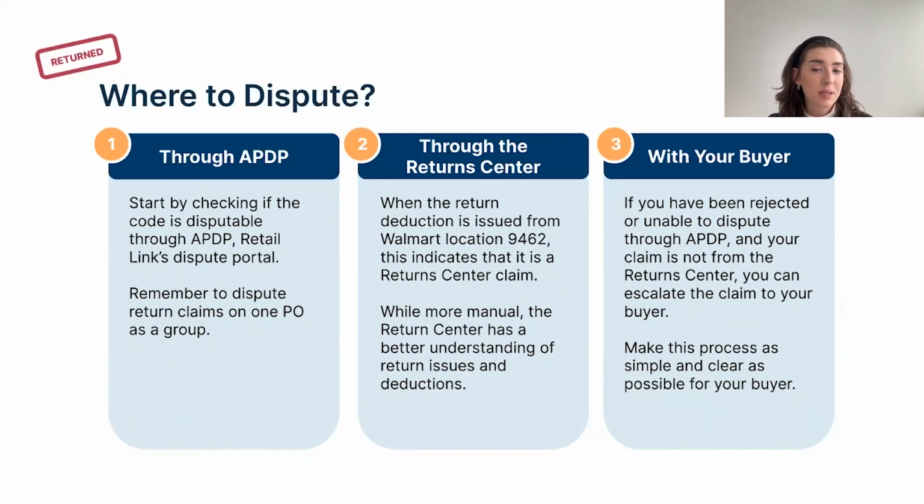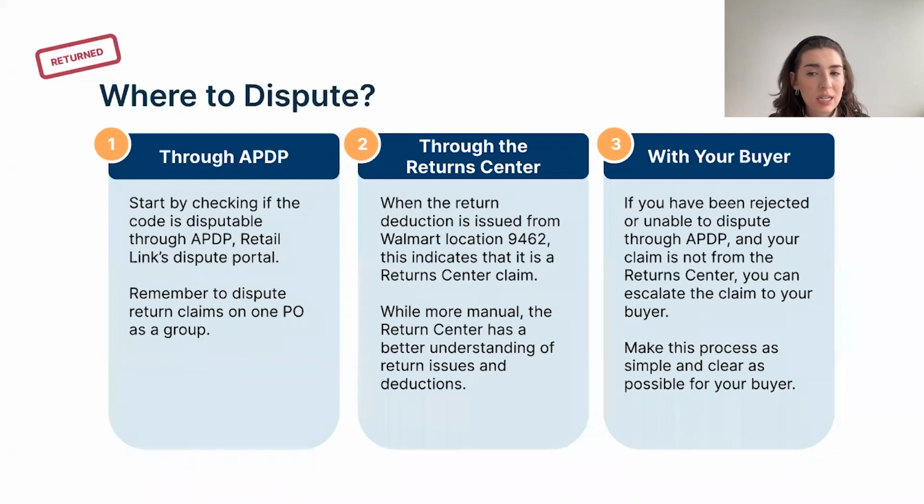If someone's seen something different, please let us know in the chat if you disputed through the return system. But really what I have seen, and when I've talked with other suppliers, you have to be through Walmart location 9462. And then lastly, this is always an option, but again, your mileage may vary depending on your buyer and the relationship you have.